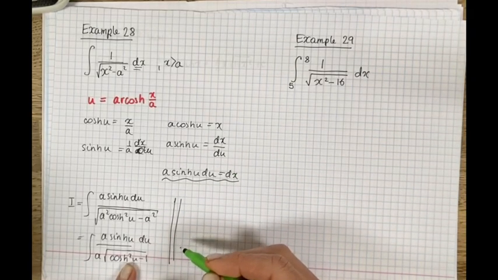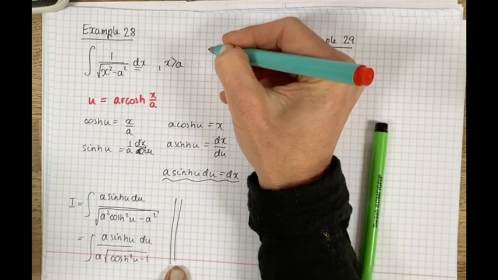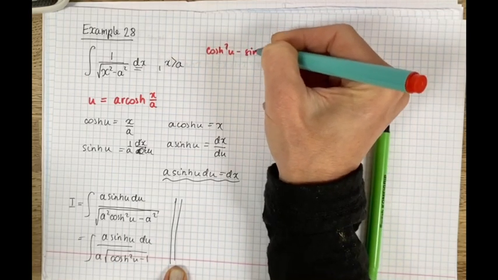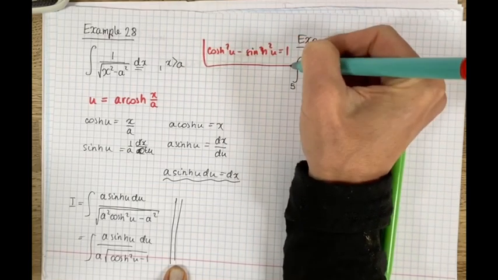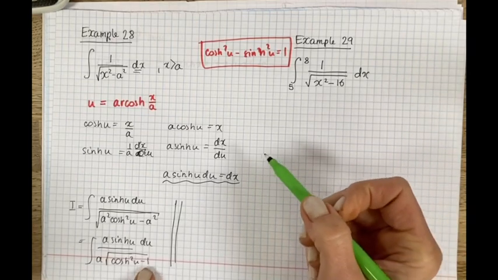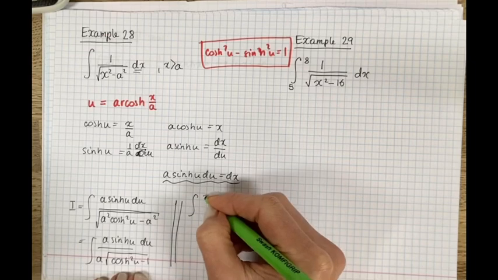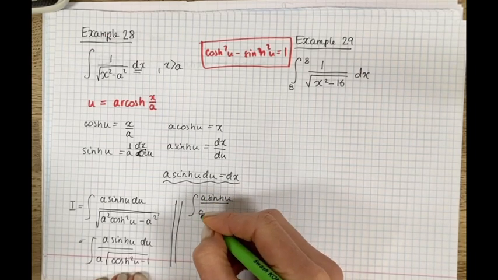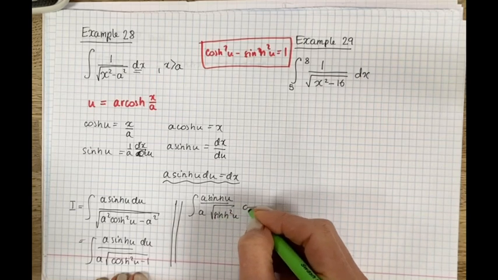Okay, remember the identity. Let me just jot it down so we're clear that we are using cosh squared u minus sinh squared u is equal to 1. So that means cosh squared u minus 1 is equal to sinh squared u. So you've got a sinh u on the bottom and a square root of sinh squared u.